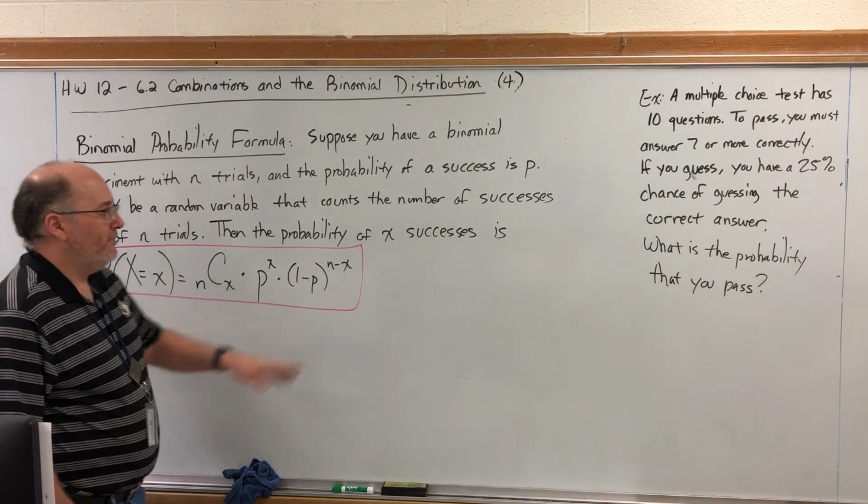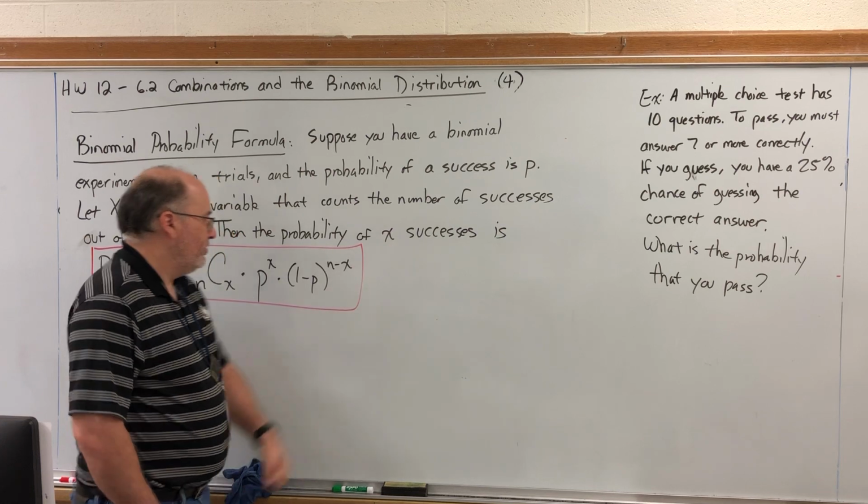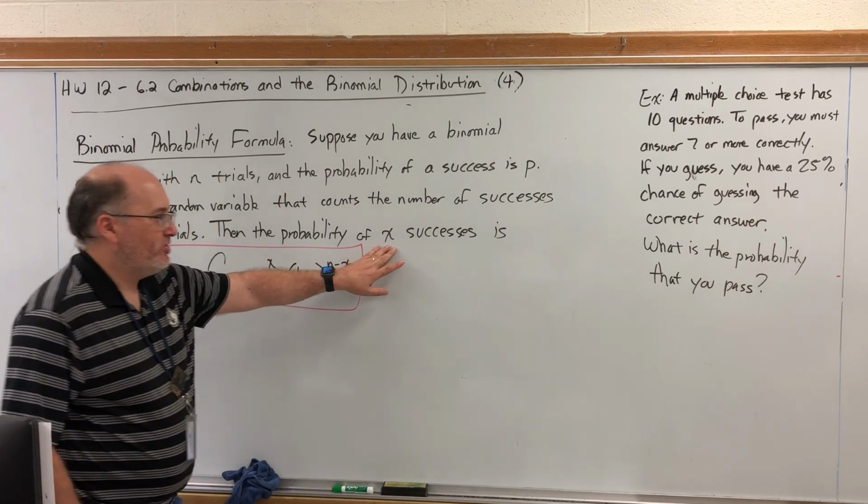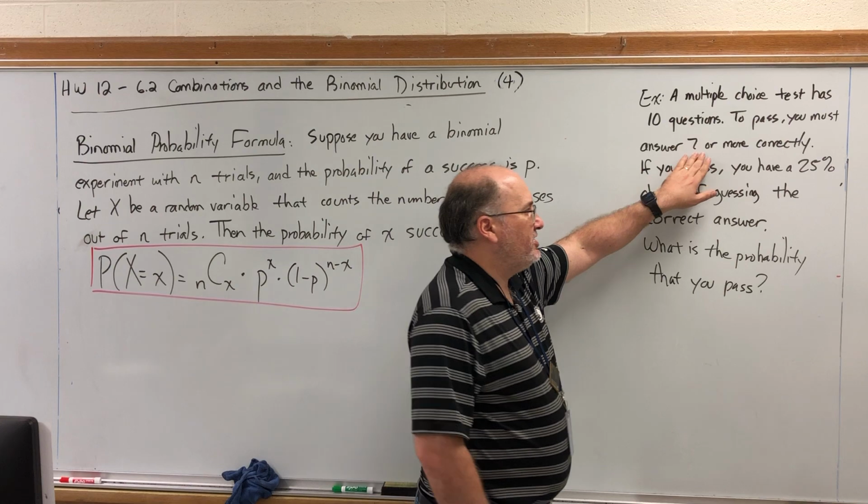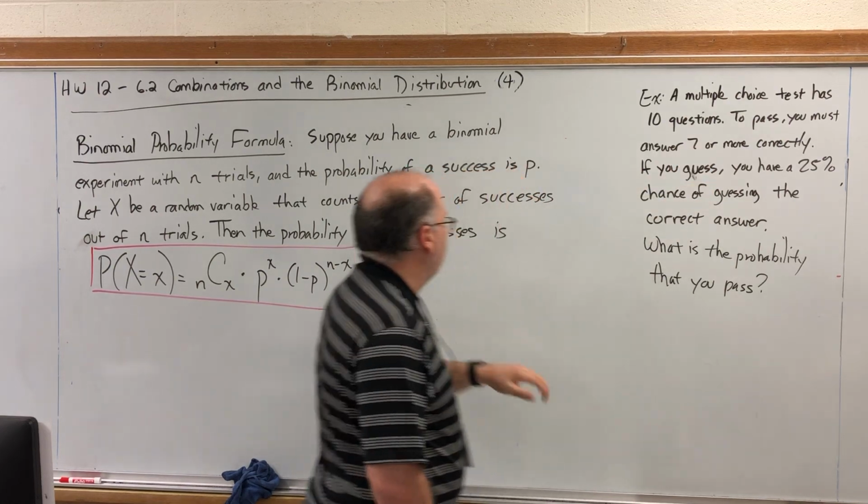Then the probability of lowercase x successes, so little x is going to represent the number of successes we're looking for. In this case, 7 or more, but we'll start with just 7.